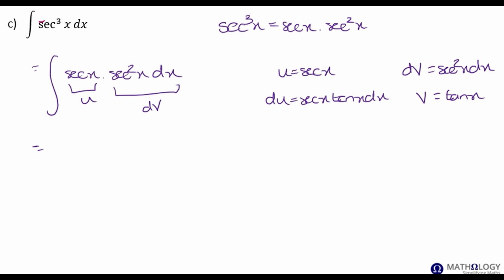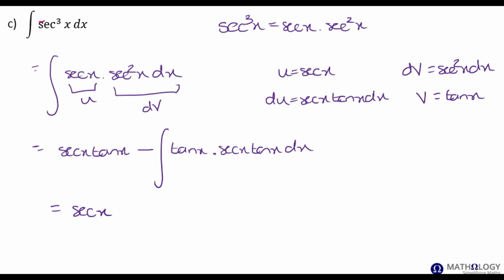So this equals uv, which is sec x tan x, minus the integral of v du, so that would be tan x times sec x tan x dx. So that equals sec x tan x minus the integral of sec x tan squared x dx.